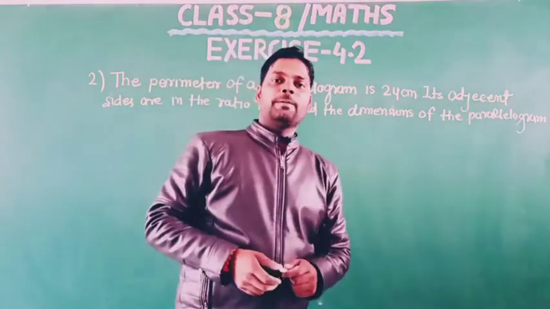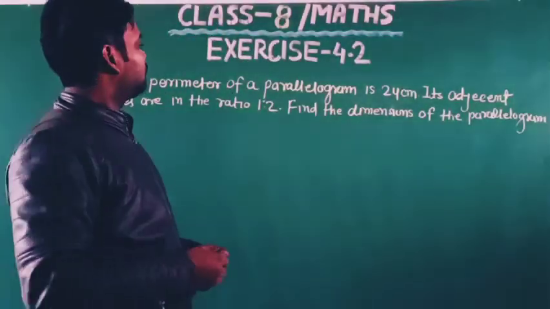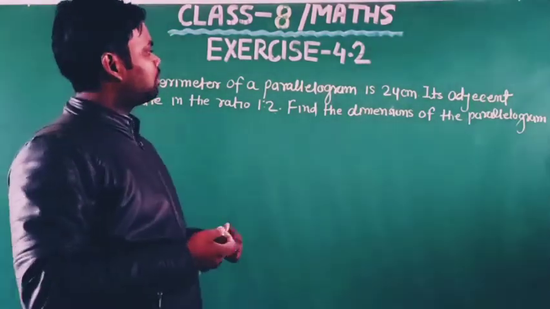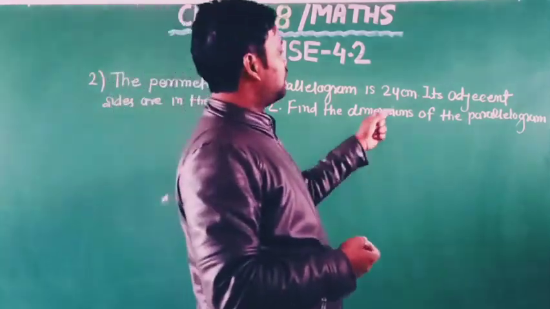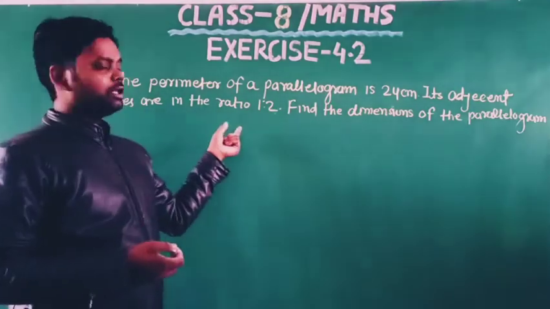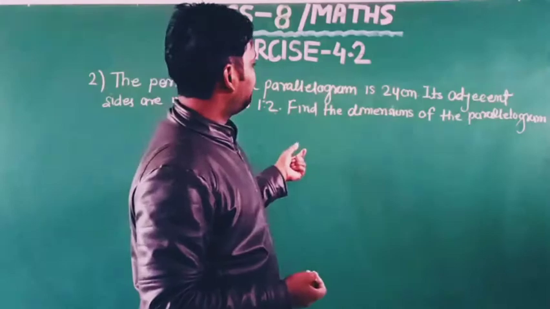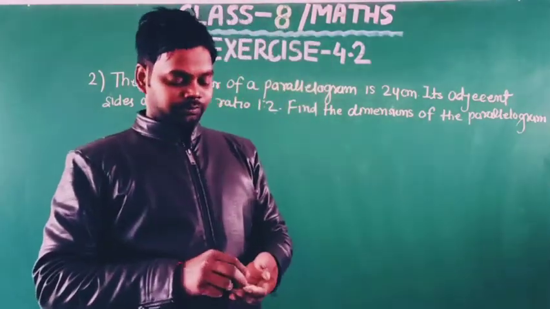Now move to question number 2. In this question it has been said that the perimeter of a parallelogram is 24 centimeter. Its adjacent sides are in the ratio 1:2. Then we have to find the dimensions of the parallelogram.